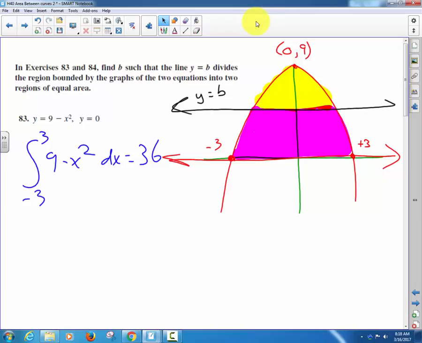What's our base formula for finding area, always? In integration, what's our base integrand? Top minus bottom. Okay, well, what's the top function if we're looking at this area that we're trying to find?